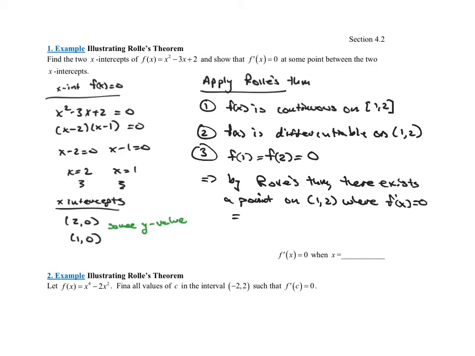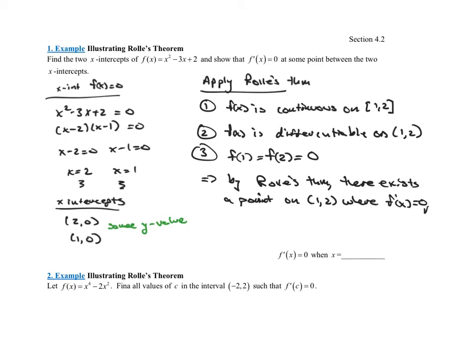I'll just write it up there, okay? That is what Rolle's theorem tells us. It says there has to exist a point where it's 0. We have now used Rolle's theorem, and that is all Rolle's theorem does. Rolle's theorem says there has to be a point where the derivative is equal to 0. In other words, there has to be a critical value in this interval.